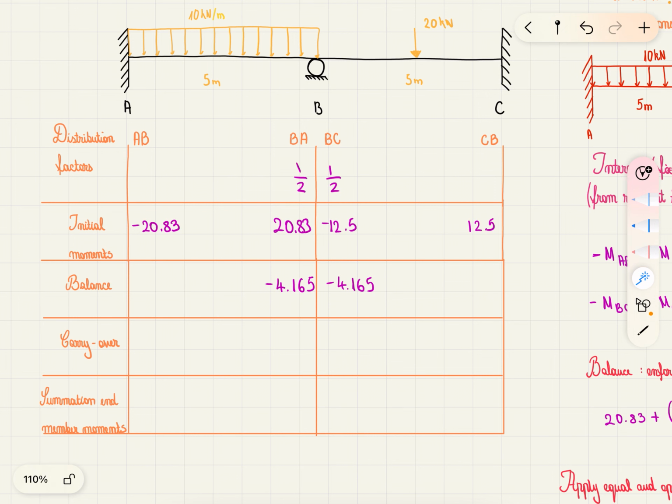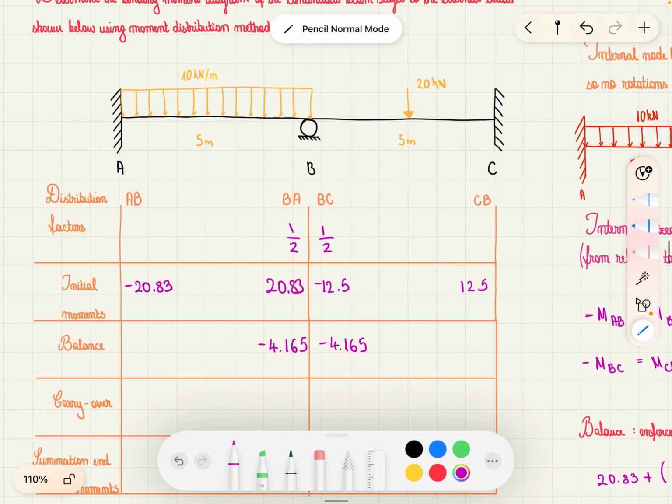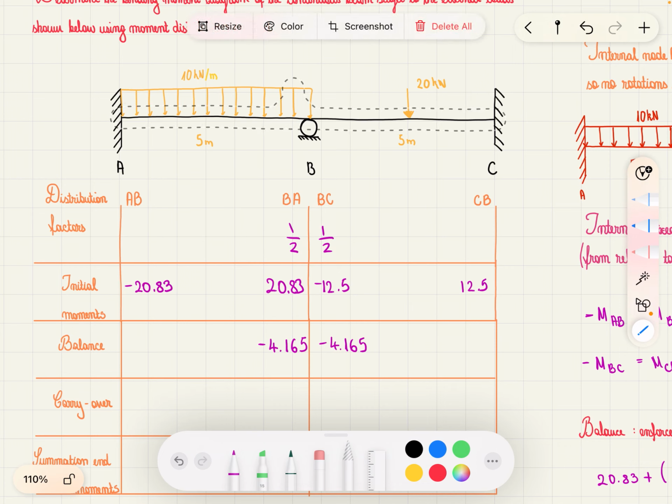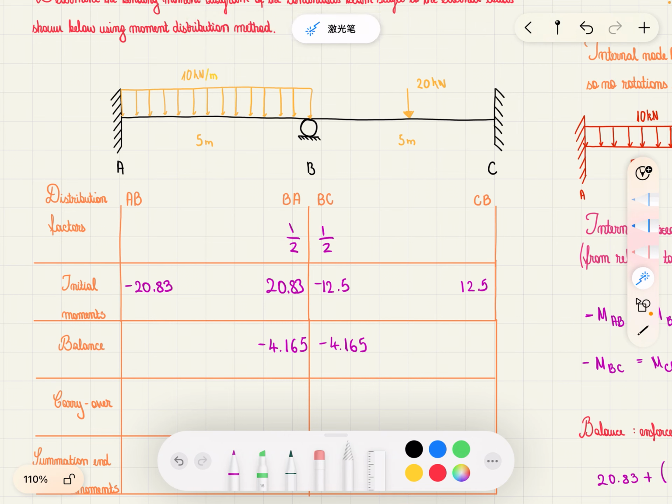Now, carryover. What does this mean? The moment acting at BA, so here, half of it is going to be carried over to moment AB, because we have a fixed support.